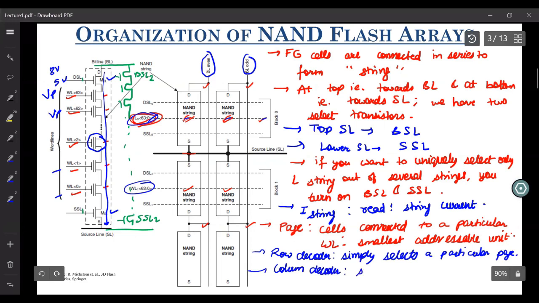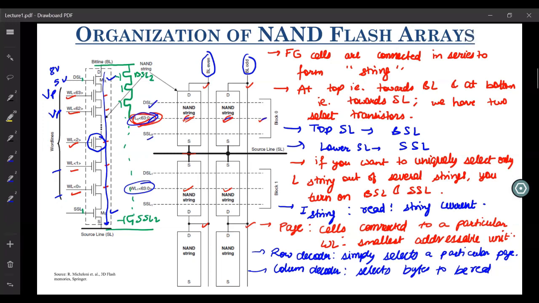which selects the bits or bytes to be read. If it is selecting the bytes, how will it select? It will turn on either this DSL0 and SSL0, or it will turn on something like DSL1 or SSL1. Actually, here it's wrong. This should be DSL1.